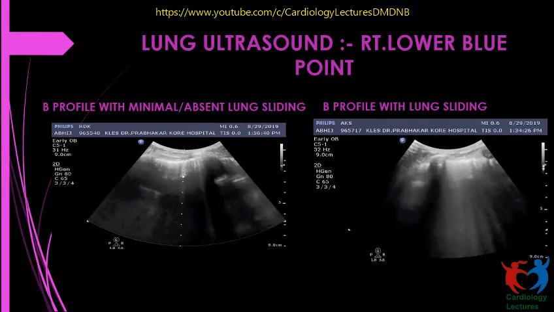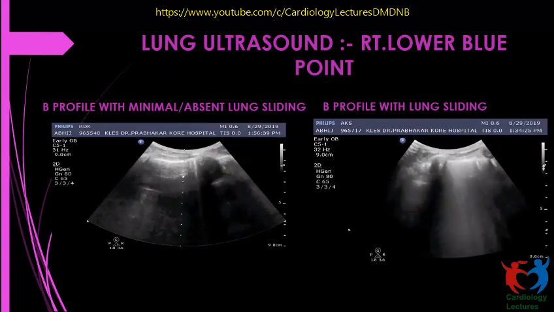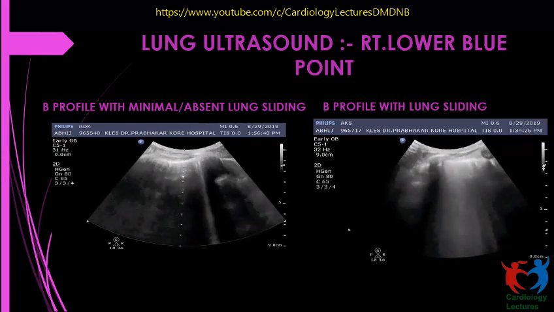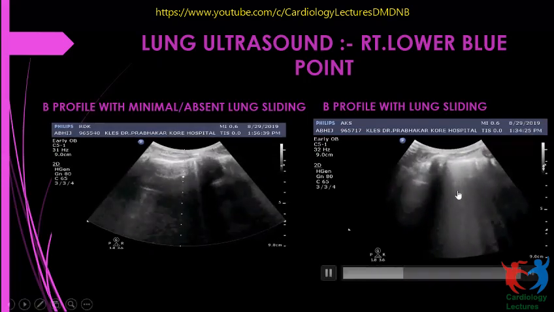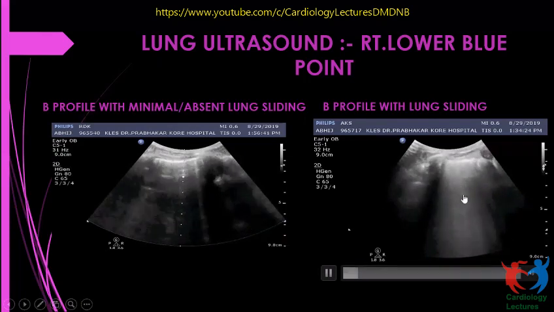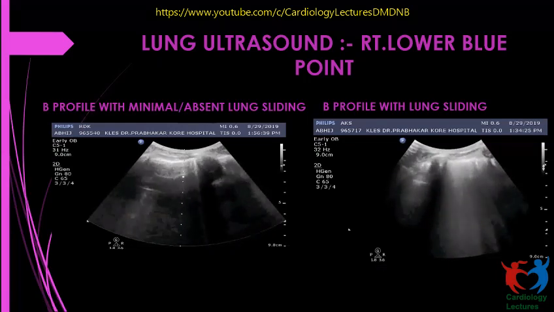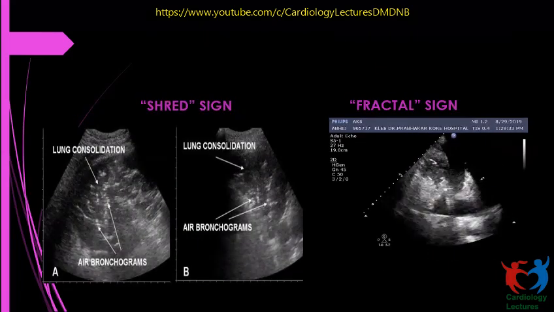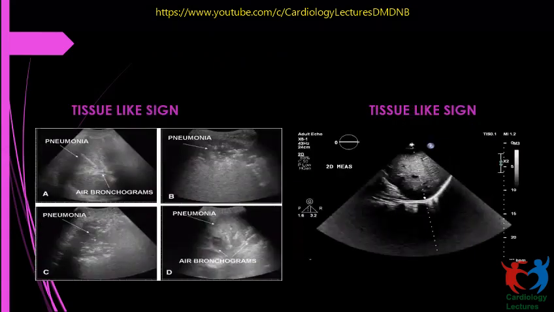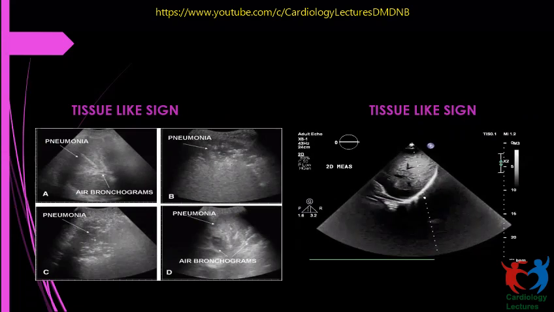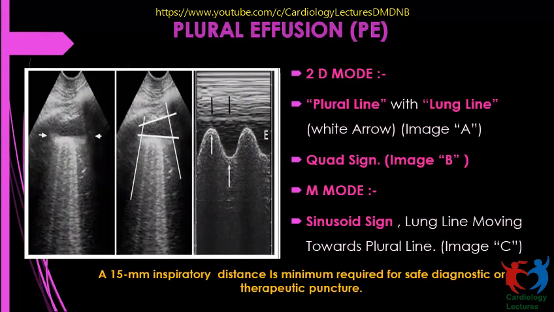In the second image there is very minimal lung sliding happening, and you can see some fractal lines here, not very obvious, but they are there. So this is more in favor of consolidation. This is more in favor of pulmonary edema. So this is again a tissue-like sign of the consolidation.